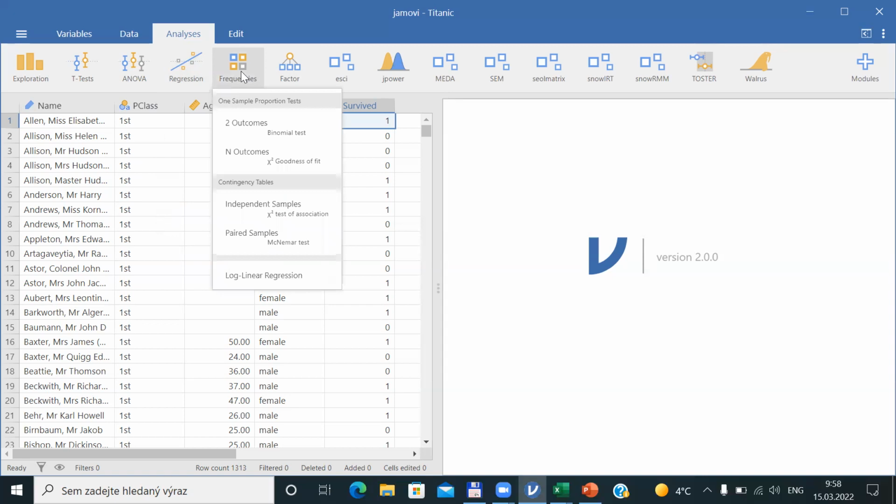So if you would like to compute a contingency table in Jamovi, you would go into frequencies. And here there is a contingency table, and here we have independent samples, chi-square test of association, etc. So that's the procedure for classical contingency table analysis in Jamovi.